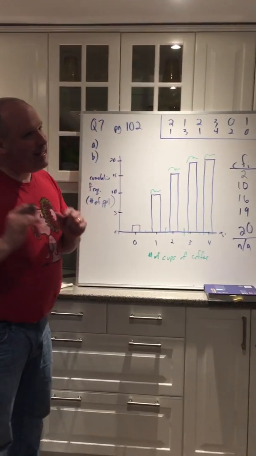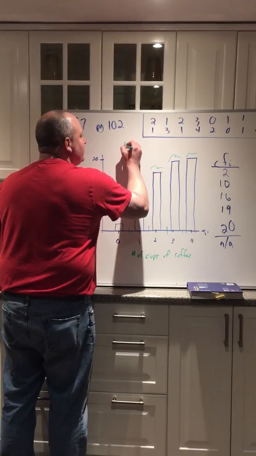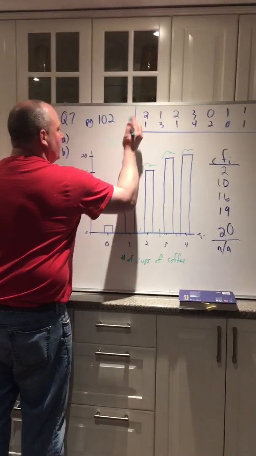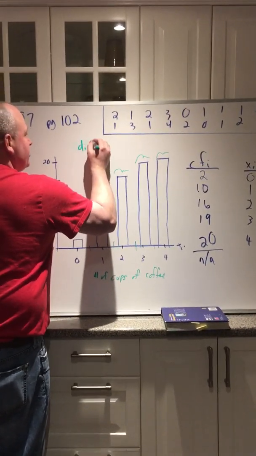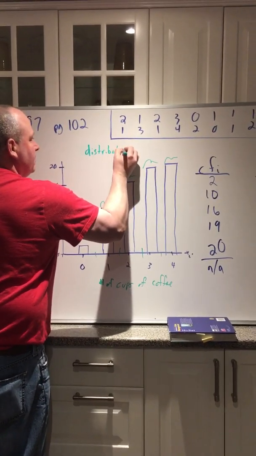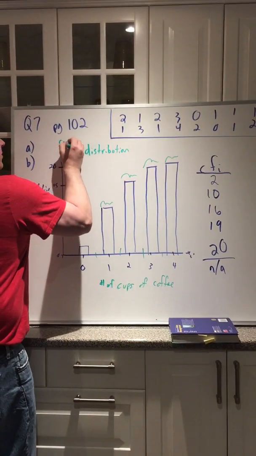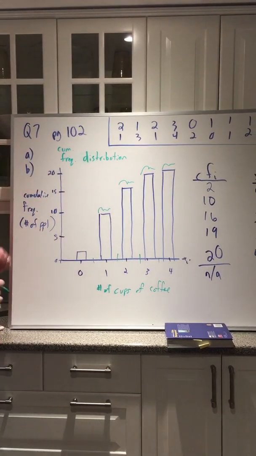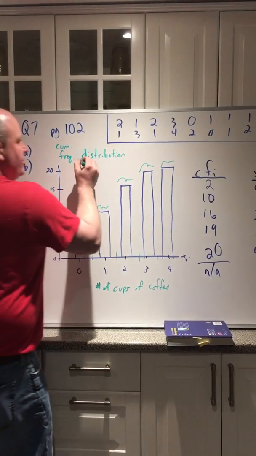In that title, you're going to have the word distribution. Let me make that neater. Distribution. So this is going to be a cumulative frequency distribution. You've got to have that word distribution.